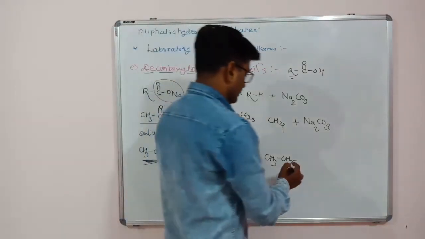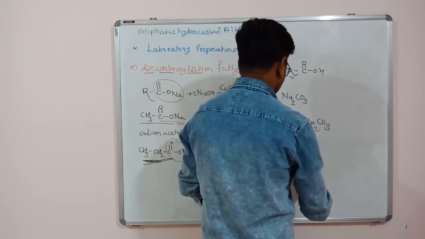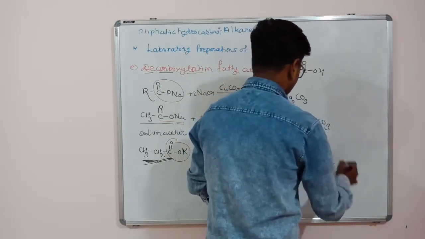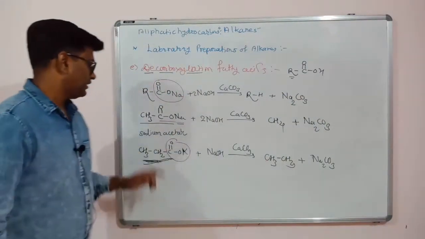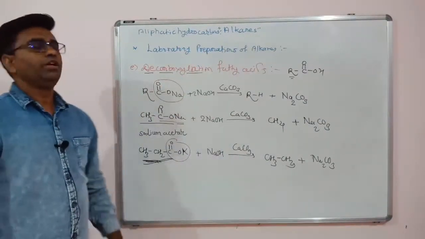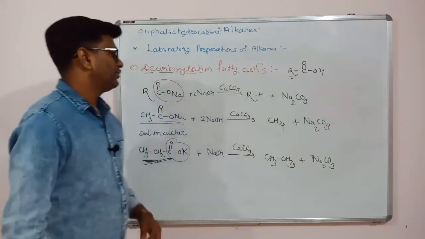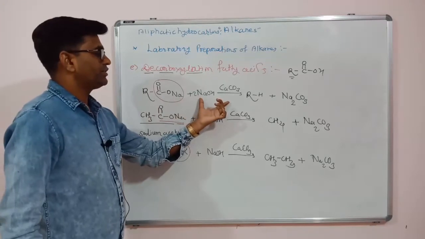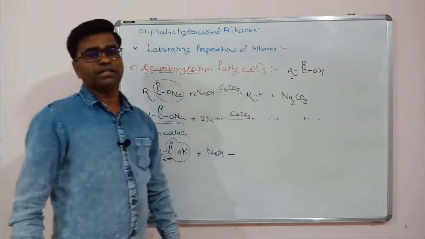So we will get CH3CH3 plus Na2CO3. So in this case we will get ethane as a product, in the earlier case methane, and in general an alkane. So in this way, that is the decarboxylation of fatty acids. If you are heating a sodium or potassium salt of carboxylic acid in presence of alkali hydroxide and calcium carbonate, we will get this alkane.